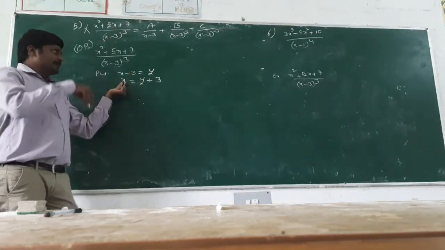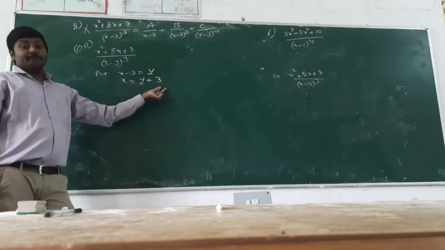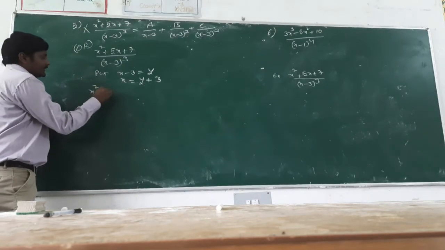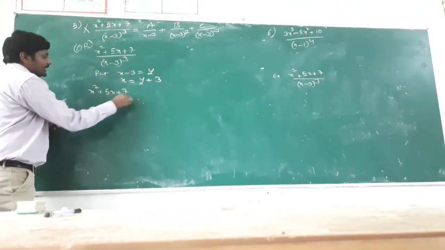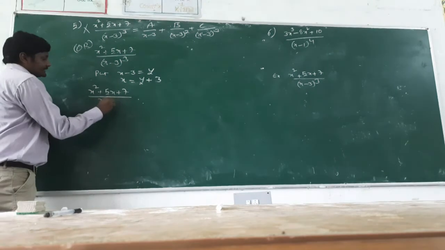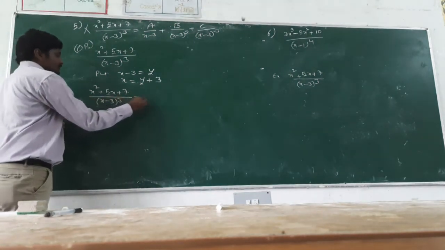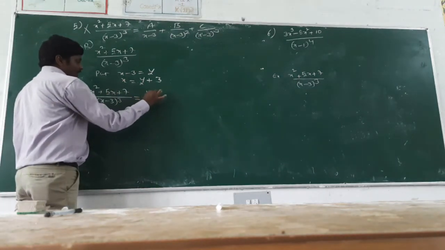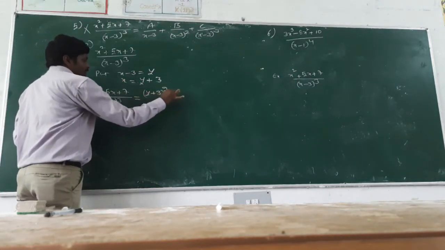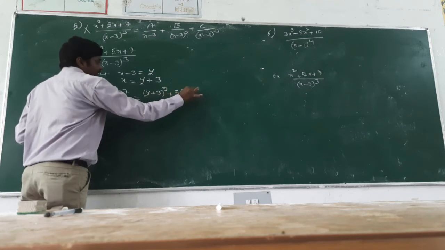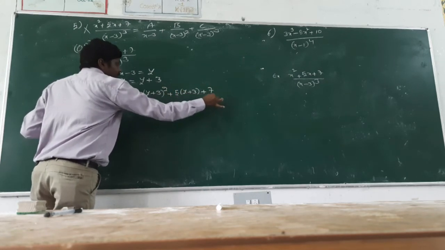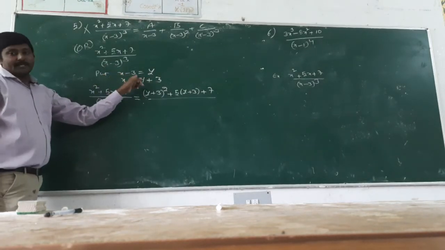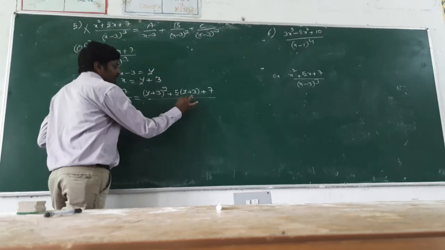Substituting y plus 3 in place of x, we get the answer. x square plus 5x plus 7 by x minus 3 whole cube is equal to, in place of x substituting y plus 3 whole square plus 5 of y plus 3 plus 7, by, in place of x minus 3 we get y cube.